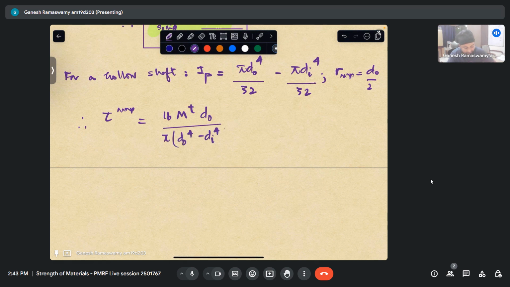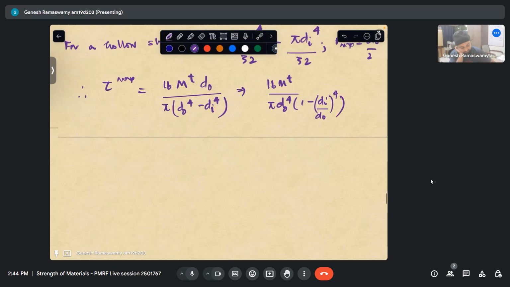So if I take d outer power 4 common from the denominator, it will be pi d outer power 4 into 1 minus d inner by d outer, this power 4.